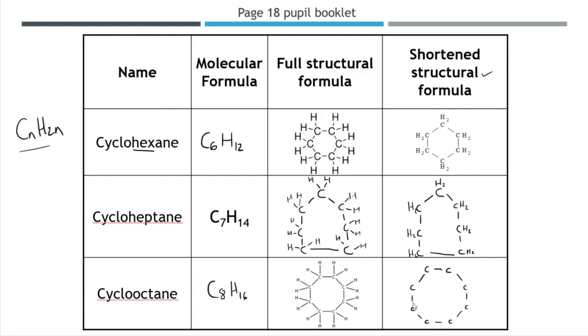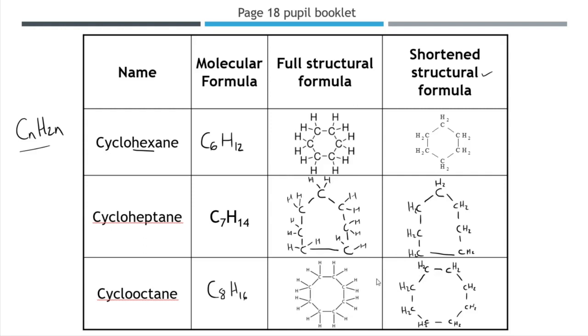Putting all our carbons in the ring, showing that we've got this cyclic molecule, and then we don't need to bother with any of the other bonds, just putting in the H's at the correct position next to the correct carbon, like that. And there's our shortened structural formula.